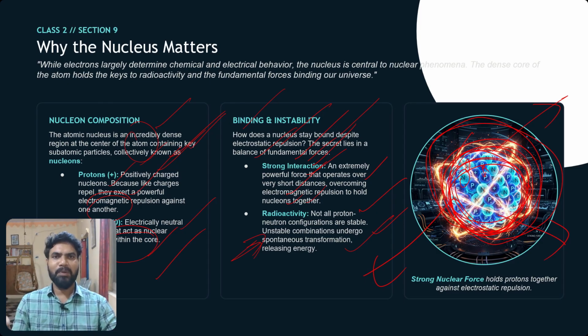That is what nuclear energy is. How are we producing nuclear energy? We are utilizing the property of radioactivity of some materials like uranium and plutonium. That is what we are going to study in the advanced classes.